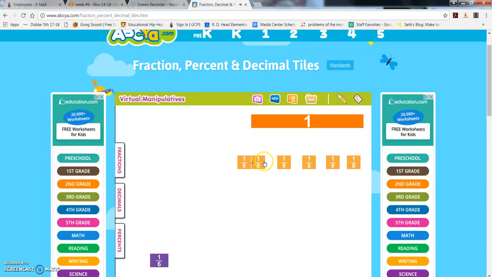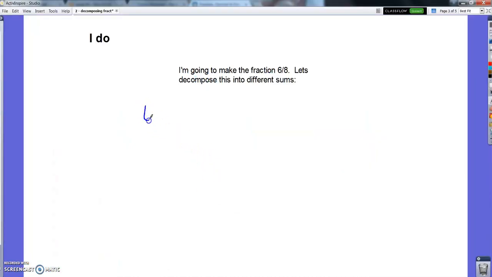Like, for instance, I could have decomposed it into 2/8 plus 2/8 plus 2/8. So that is one way I could have done that. And I don't want to forget about the first one.